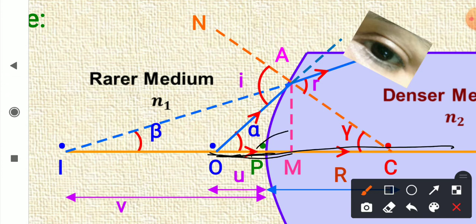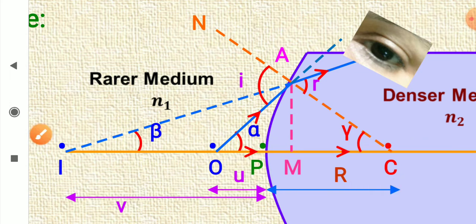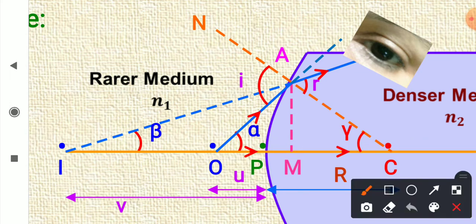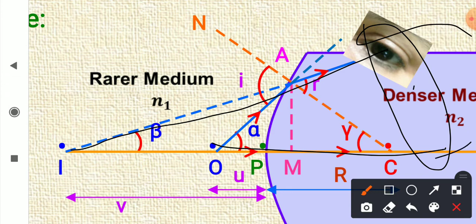There will be no deviation at this point because this light ray is coming along the normal only. Now, when you are observing this ray and this ray from this point, if your eye is placed here, you will feel that the light rays are coming from this point.